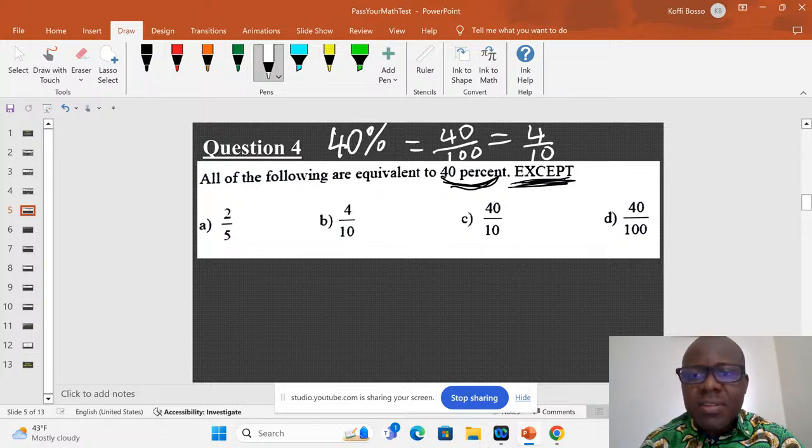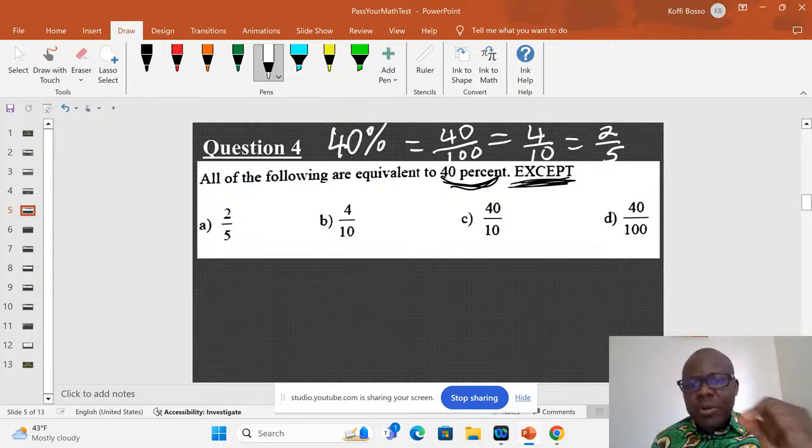Now this time I can divide by 2 to get 2 over 5. So I reduce 40 over 100 by dividing 40 by 10 and 100 by 10 to get 4 over 10. After that, I divide by 2, so 4 divided by 2 and 10 divided by 2. So every time you see 2 over 5, this is 40%.